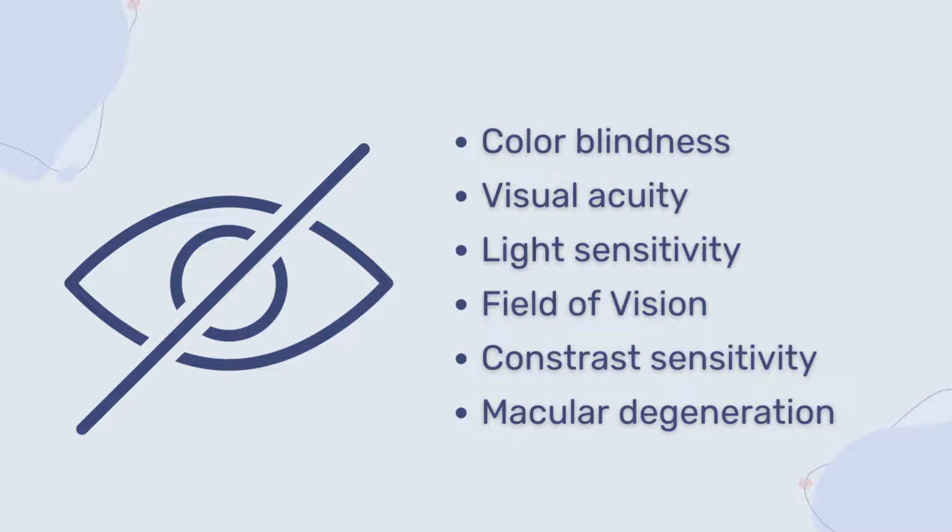Visual acuity, which is sharpness of vision, light sensitivity to brightness, field of vision, how far you can see or depth of field, contrast sensitivity, such as the inability to distinguish the difference between low contrast colors, and macular degeneration.